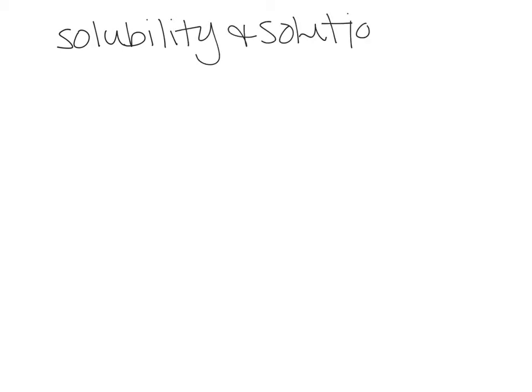Okay, so for today, we're going to talk about solubility and solutions. So this is the last part of your review, okay? All right, so solubility and solutions. First of all, let's review a little bit of vocab. So what does the word soluble mean?